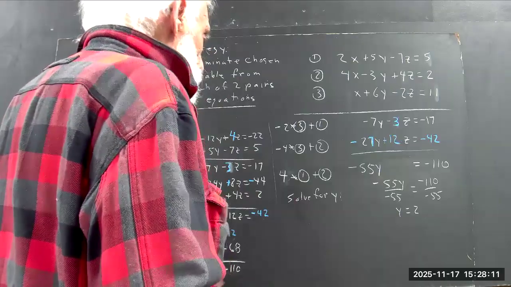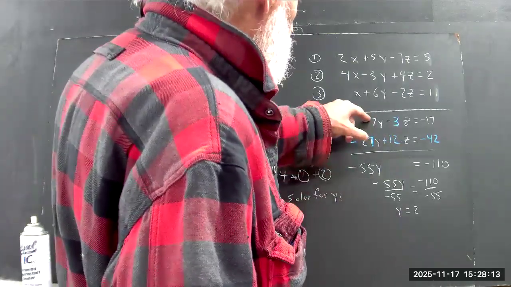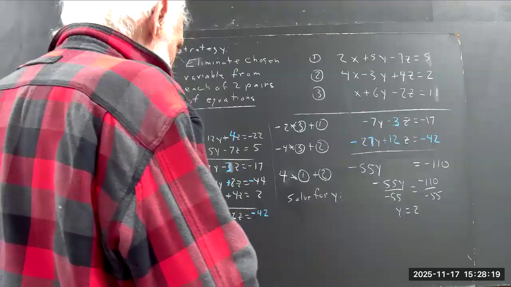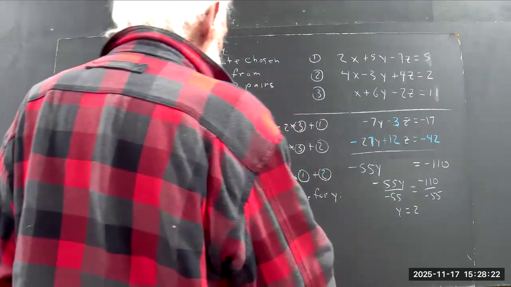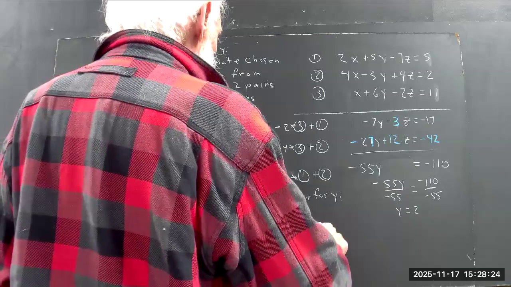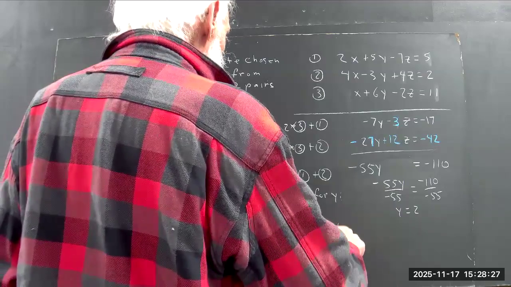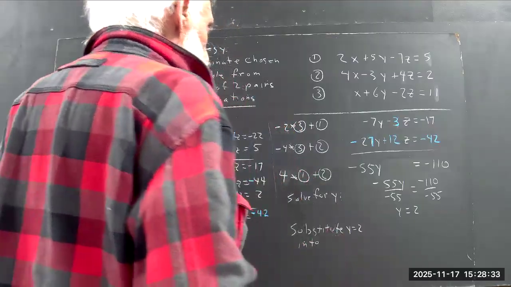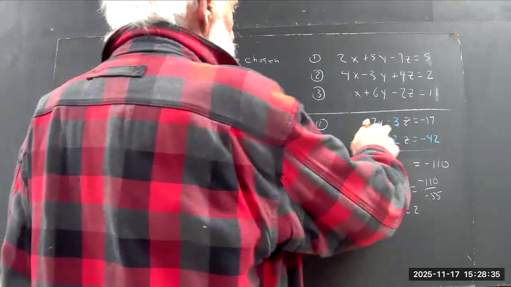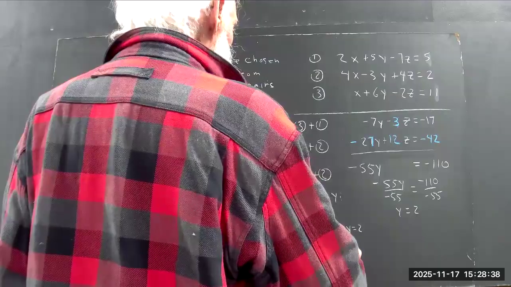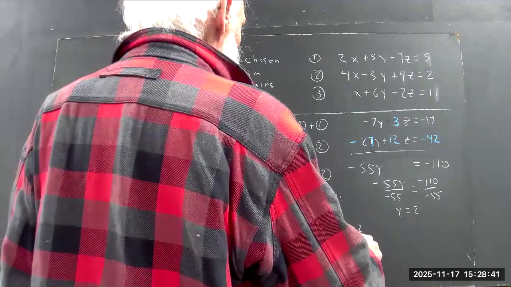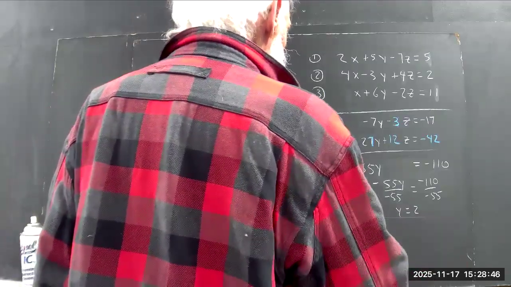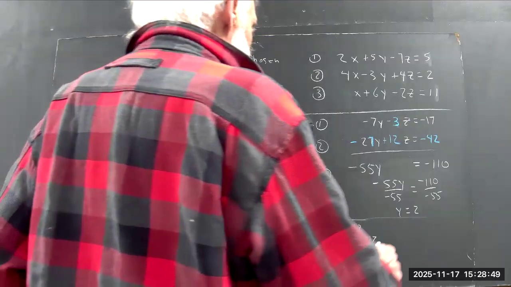What do we do next? We substitute y equals 2 into one of these two equations here. This equation has smaller numbers, so we'll use it. Negative 7y minus 3z equals negative 17. What's that give us?